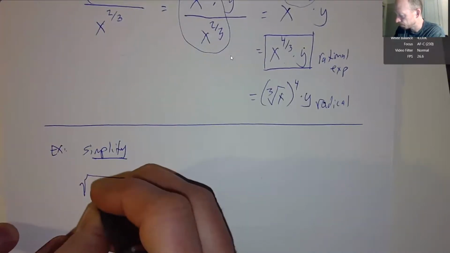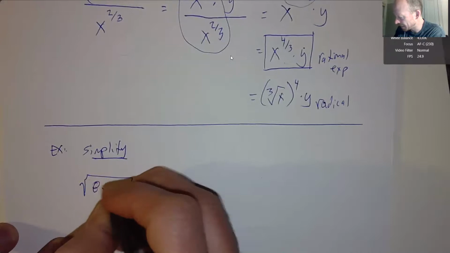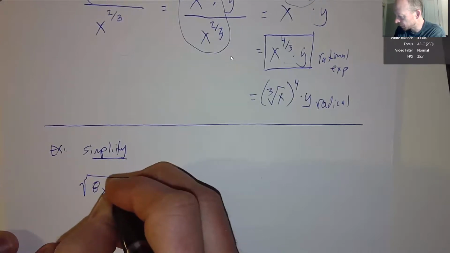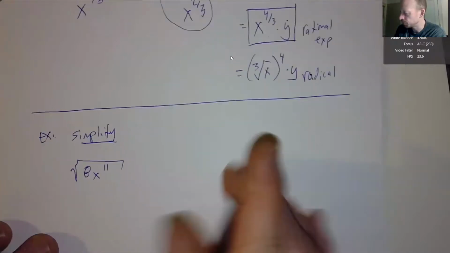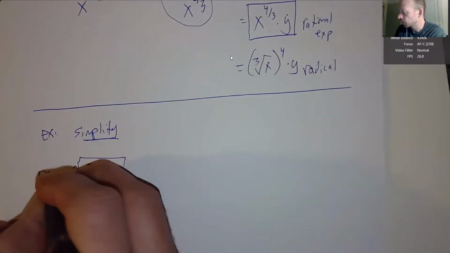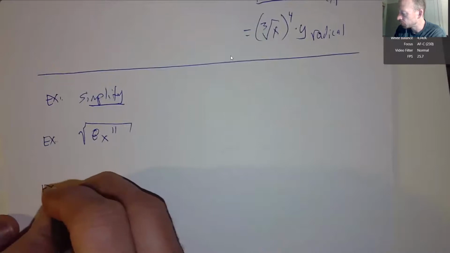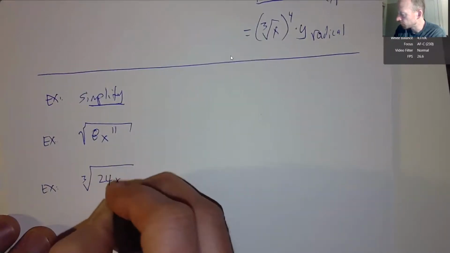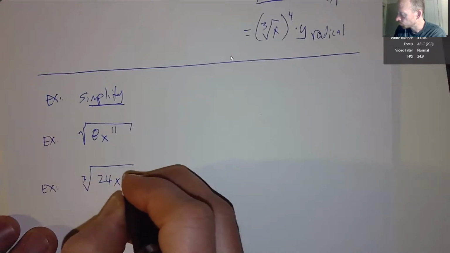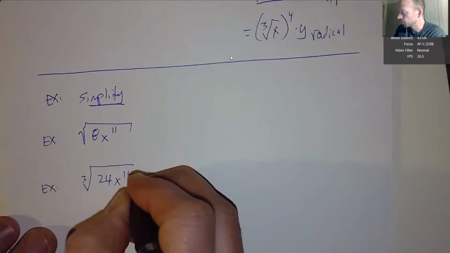So I just want to kind of take another look at a couple of these. The square root of 8x to the 11th, for example. And I'll do one more example. Let's try the cube root of 24x to the 14th.